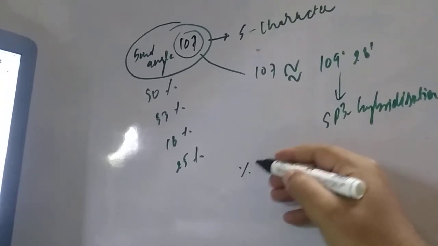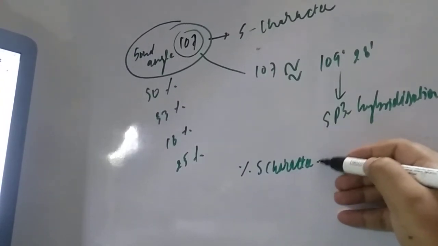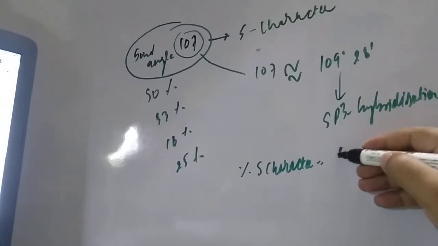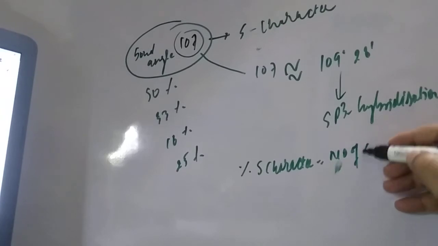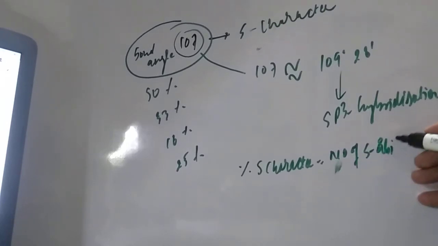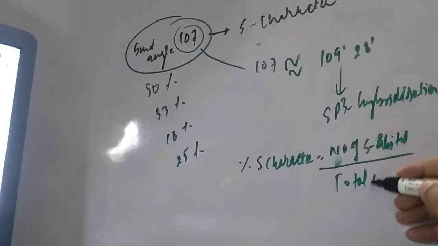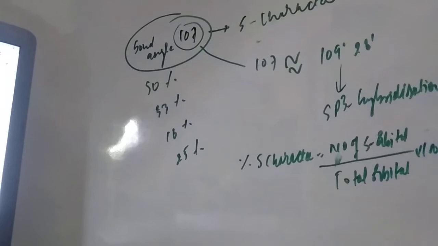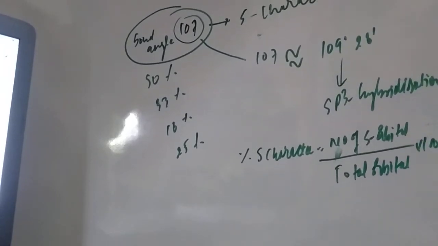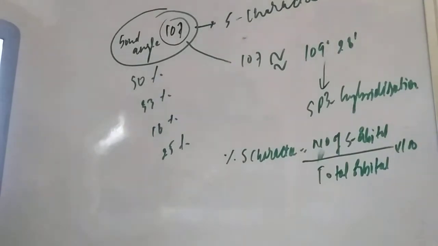If it is sp3 hybridization, they are asking the percentage s character. So percentage s character is the number of s orbitals divided by the total number of orbitals, multiplied by 100. Now you can check by putting in the values.